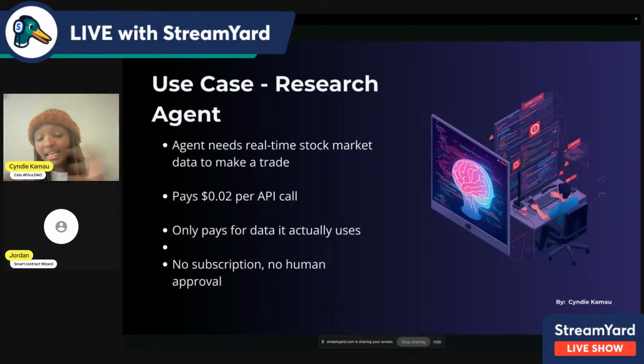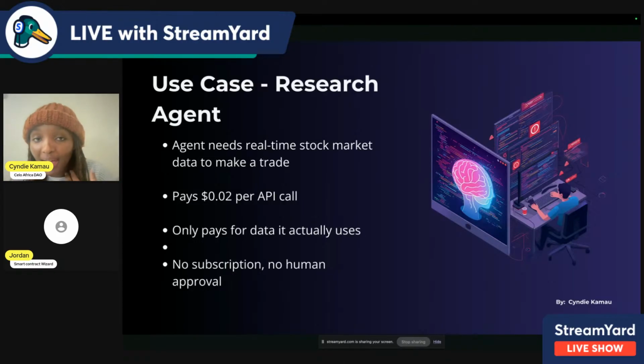It only pays for the data it uses. Instead of paying a certain subscription and not using all of those API calls, which is like losing money, with the x402 system every API call you pay the exact amount.